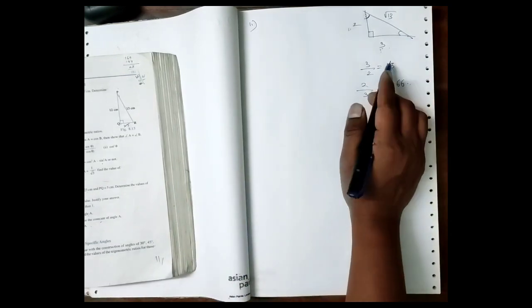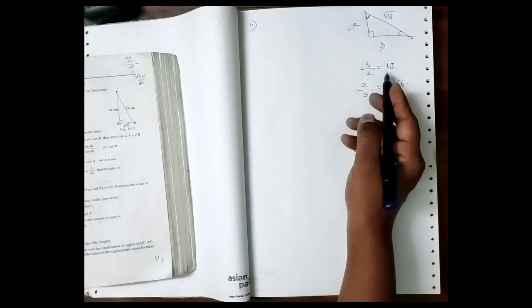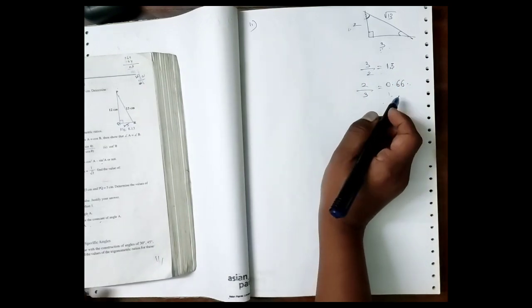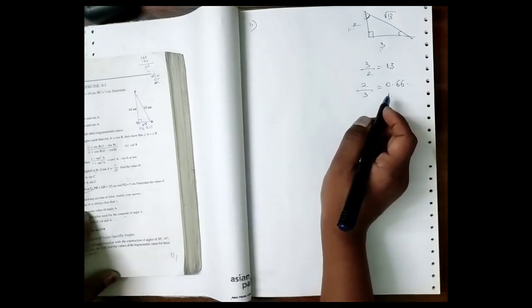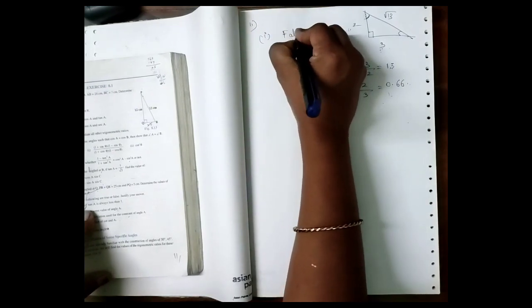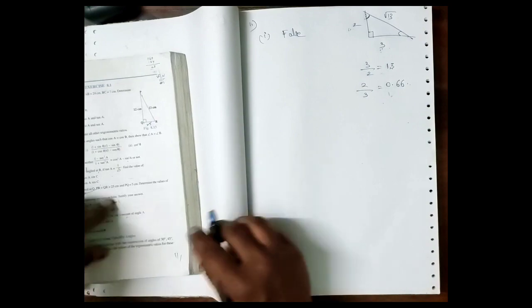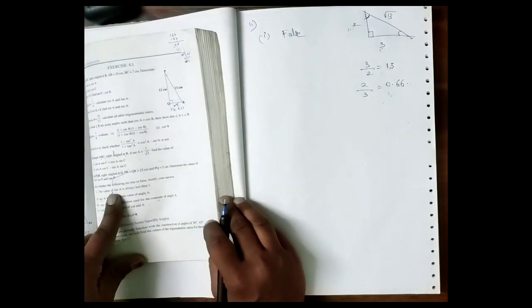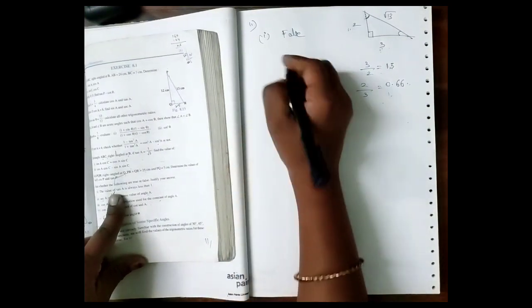So both the possibilities are there. It can either be greater than 1 or it can be less than 1. So the first one, what is given is false, because the value of tan is always less than 1 is given. It is false. It can be both values.